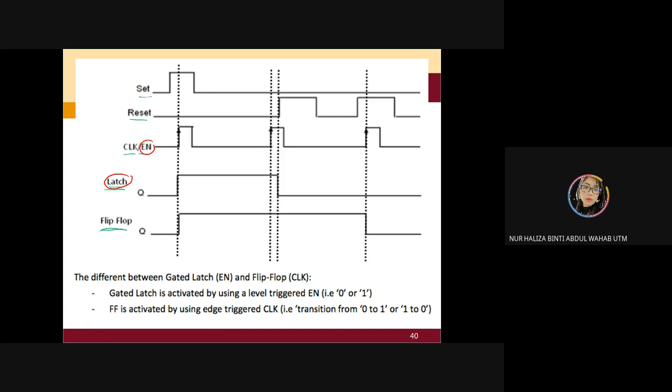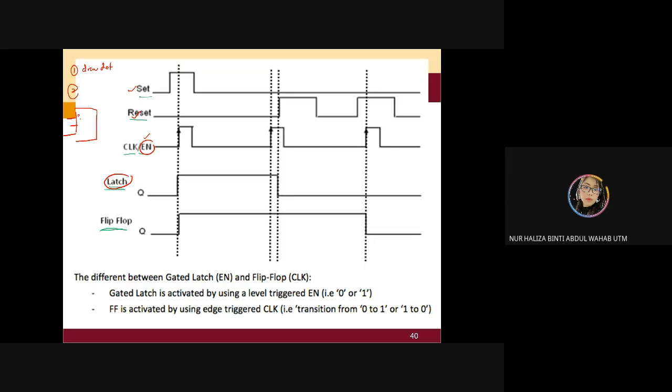Okay, here. First thing, what did I ask you to do yesterday? Draw the dotted line for every change at your input. This is your input, this is your input, including your EN. Because if you still remember, this is your latch.